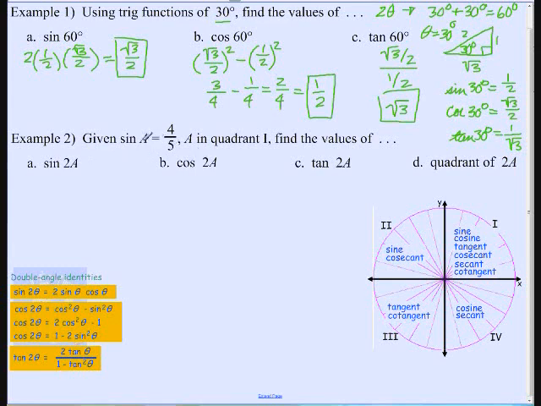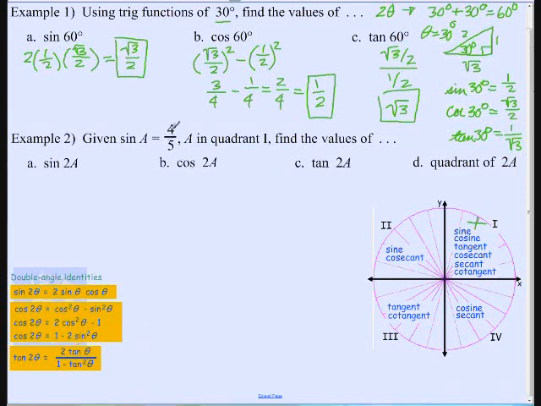Example 2. If we know that the sine of A is 4/5, okay, so we know that sine is positive. We're told that this is in the first quadrant. So what does that mean for cosine? Well, cosine must be positive too. Everything's positive in the first quadrant. So I can figure out what cosine is, can't I?